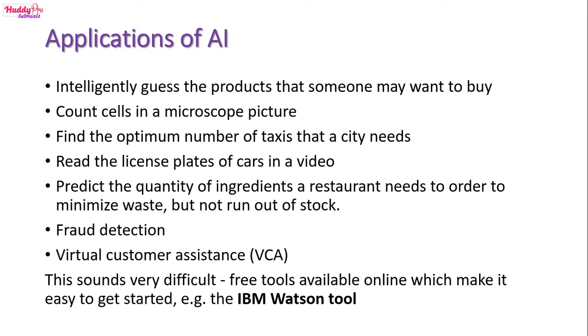It can also be used to count cells in a microscope picture. Also, it can be used to find the optimum number of taxis that a city needs, to read the license plates of cars in a video, to predict the quantity of ingredients a restaurant needs in order to minimize waste but not run out of stock.